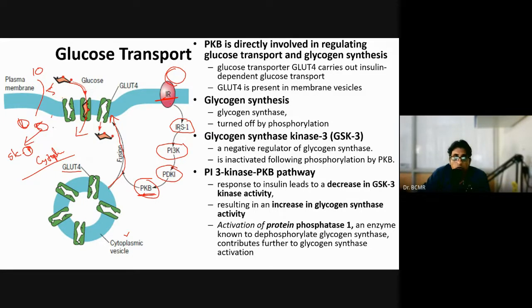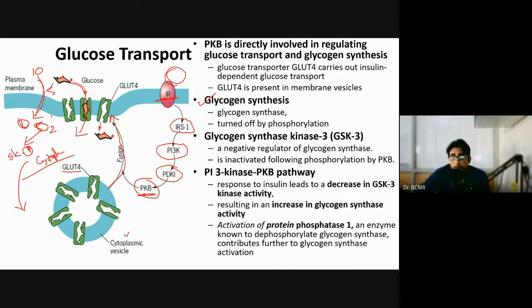So 2 more or 3 more will come in. And that is how the glucose is taken up from the blood into the cytoplasm. And then that glucose can be converted into glycogen or used for energy. When there is excess glucose, it will be transported and undergo glycogen synthesis.